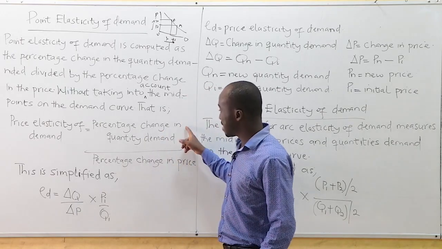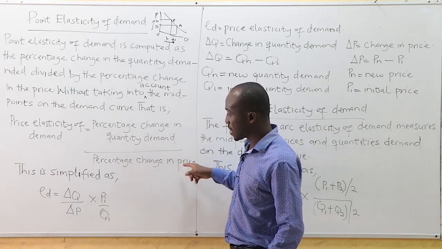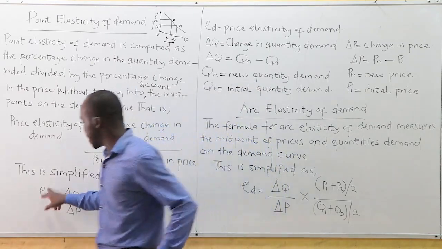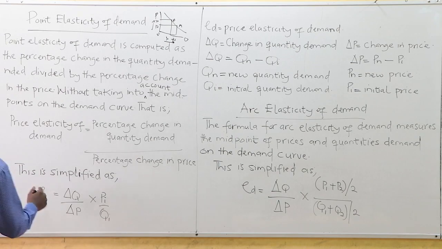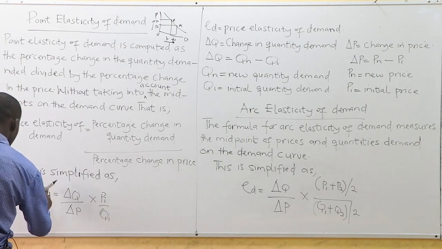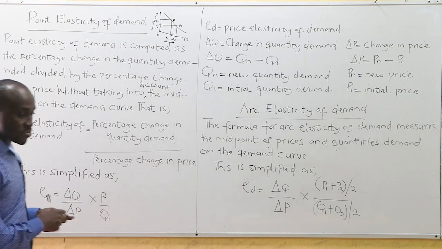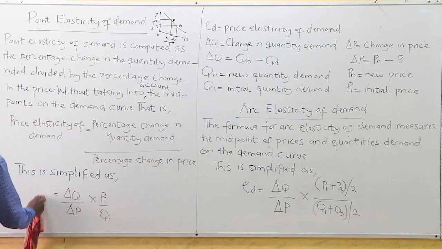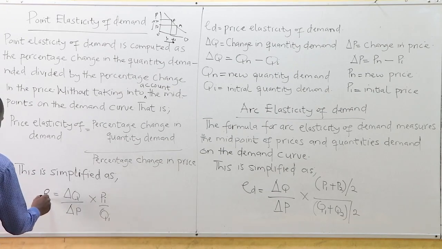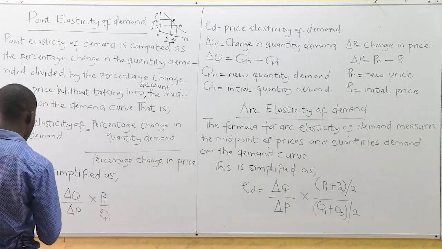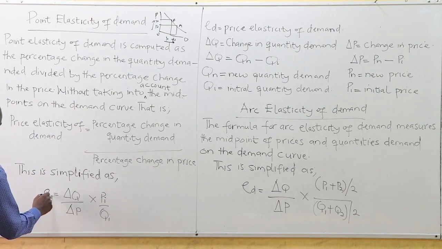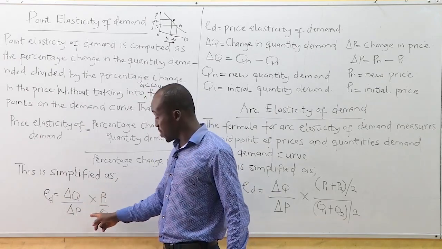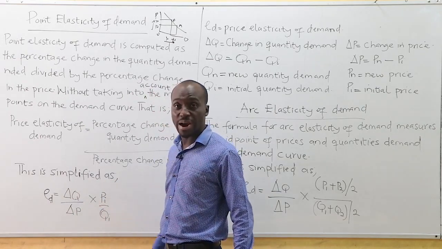What I'm trying to say, the percentage change in quantity demand over percentage change in price can be simplified as ED. The ED, this is a subscript. That's a subscript, ED, in change in Q over change in P, the initial price, initial quantity, right?